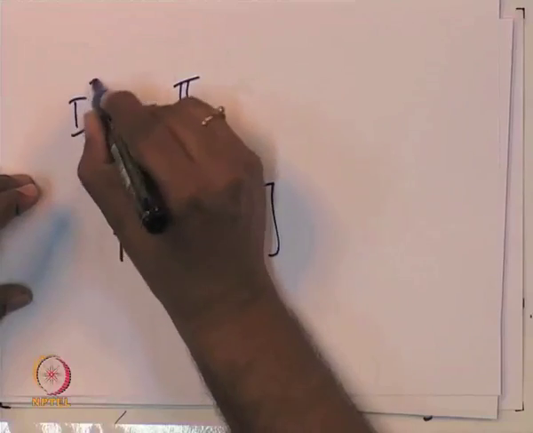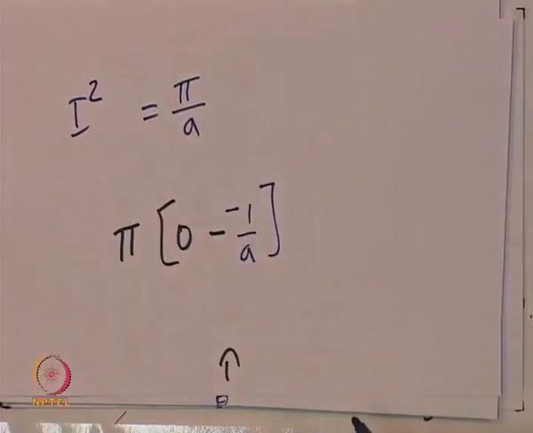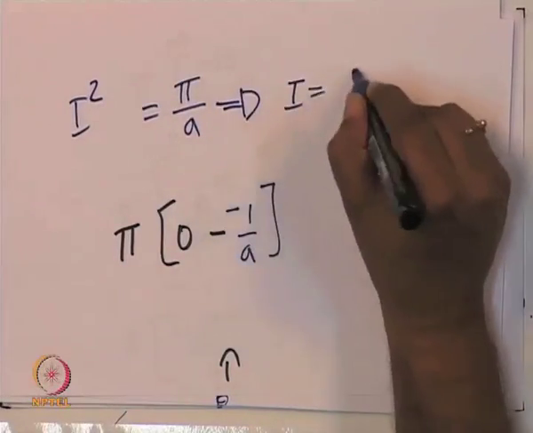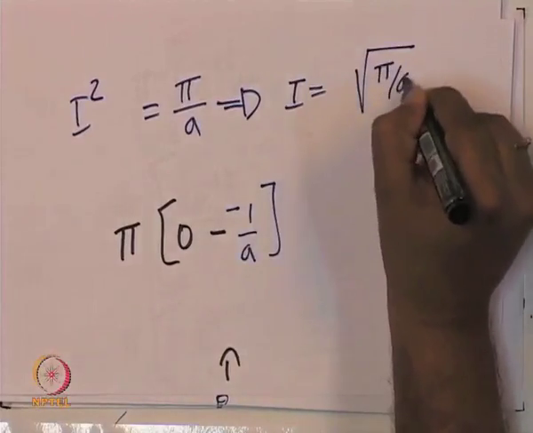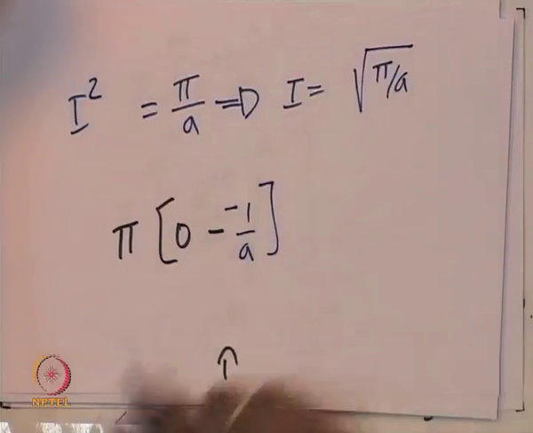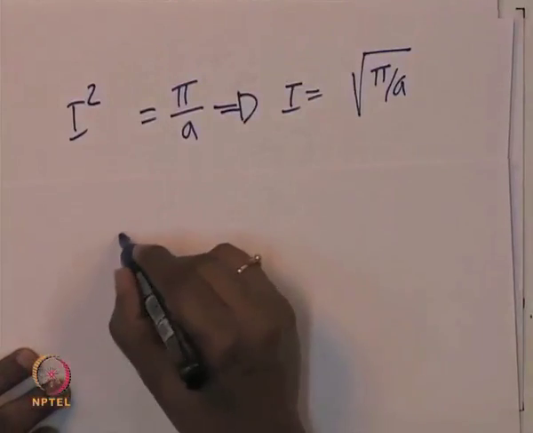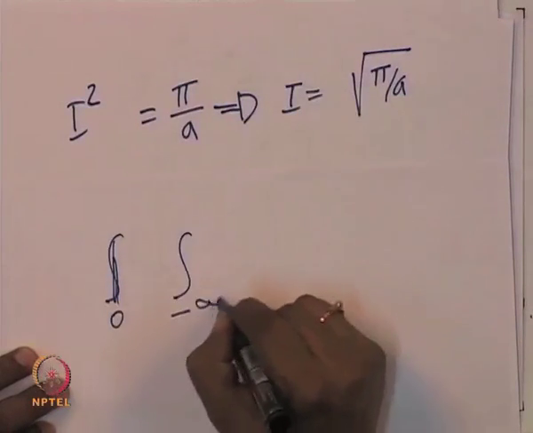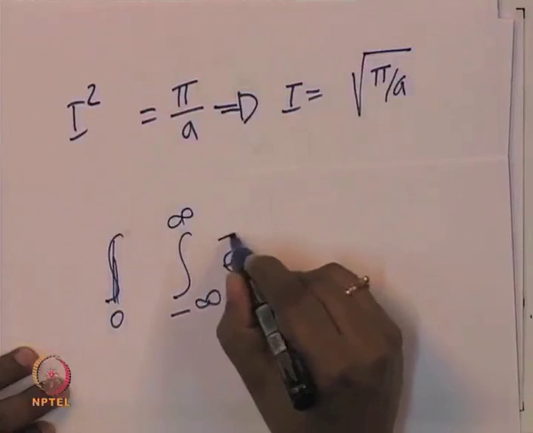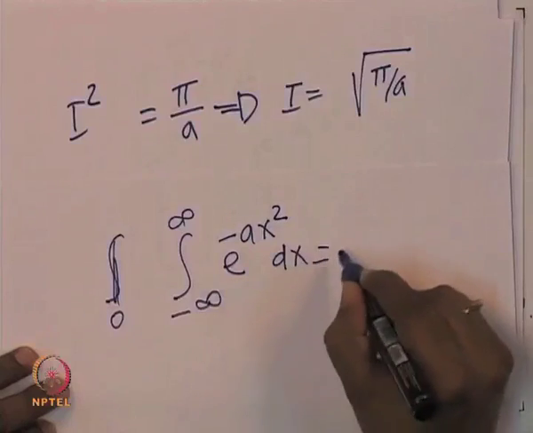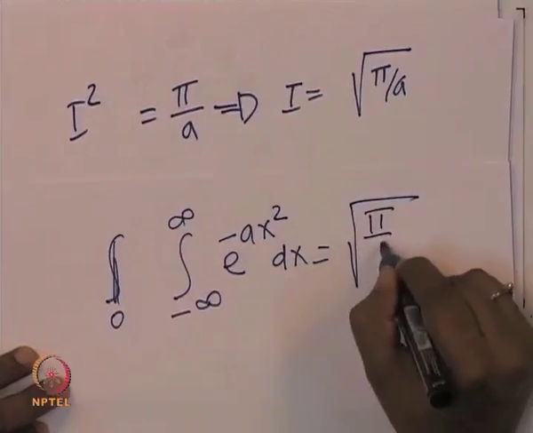So, I square, the square of the integral, is pi by a. This implies that I is basically root of pi by a. So, this is a well known result, that the integral of a Gaussian, integral from minus infinity to infinity e power minus a x square dx, is root of pi by a.